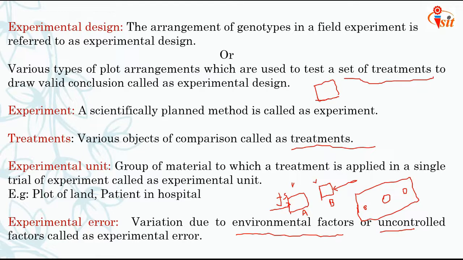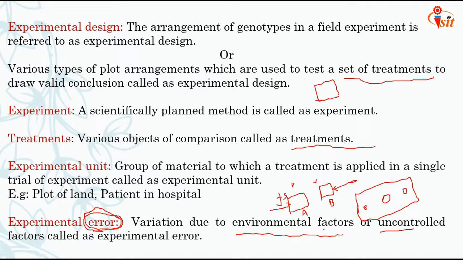So the variation which occurs due to the environmental factors and uncontrolled factors is called experimental error. Okay, because the error or the variation in that variety which is purely due to the environment or due to the uncontrolled factors is called an experimental error.